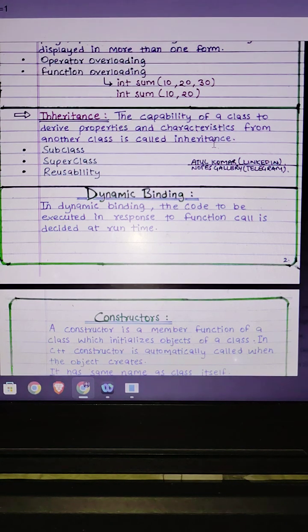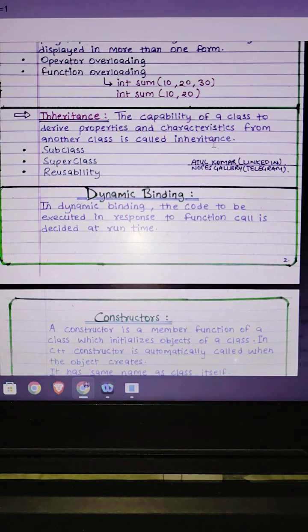The properties of the parents are inherited by the child. So this is a better understanding: we take the example of a parent and child, because parents pass on their property to their child.